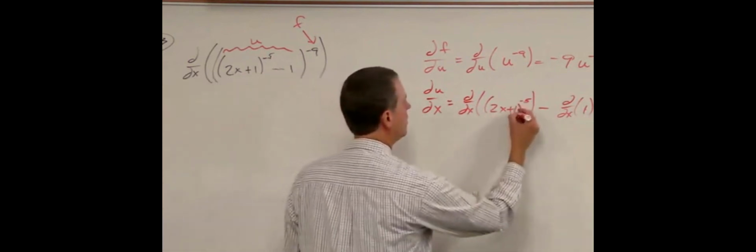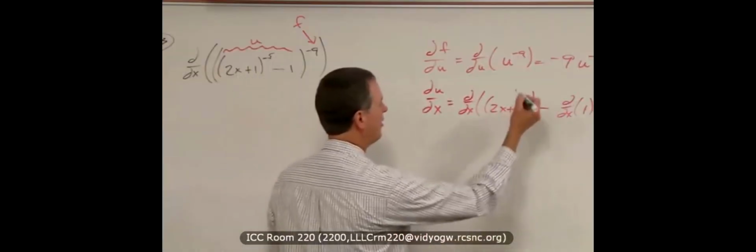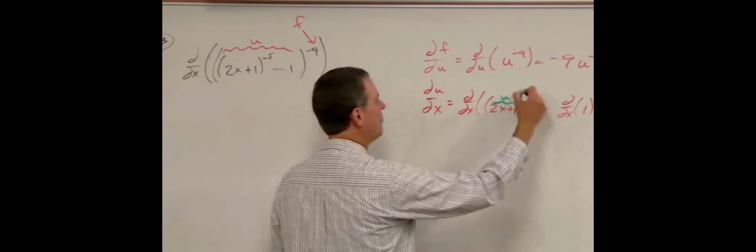But how am I going to do that derivative of this, 2x plus 1 to the negative 5th power? We've got to do another sign. This is my green u in here, and this is my green f, if you will.